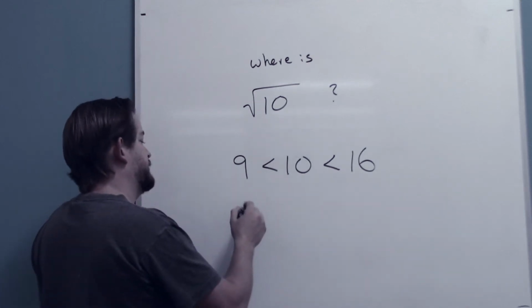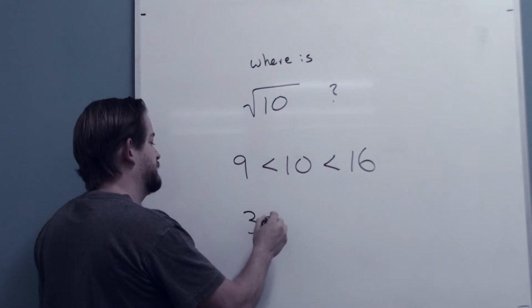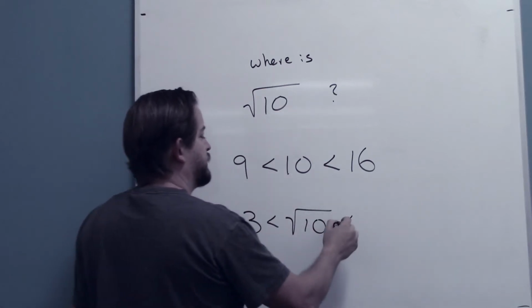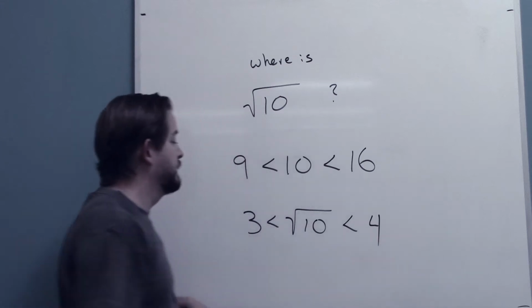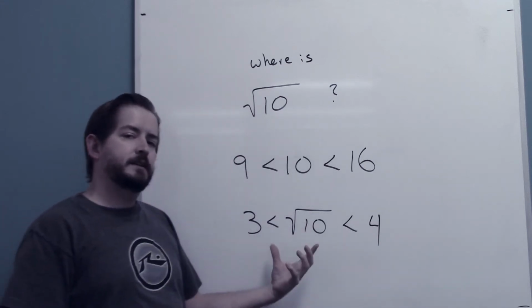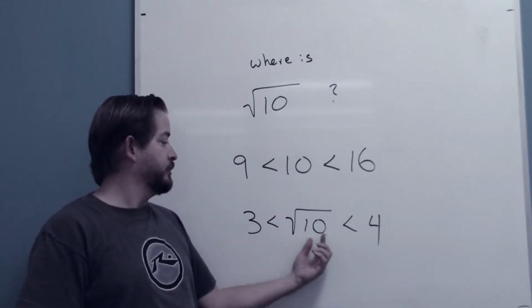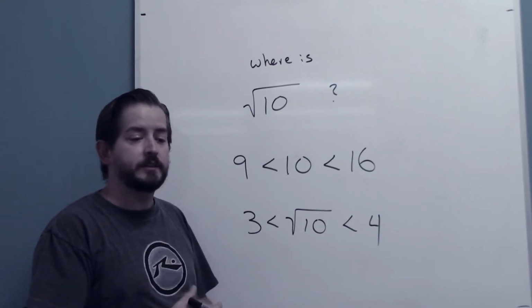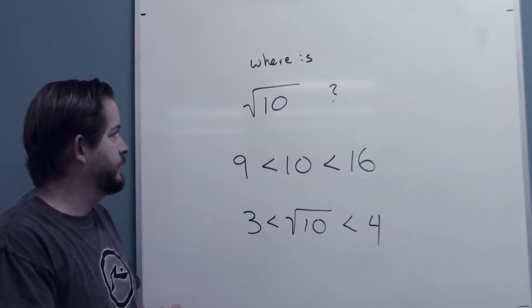The square root of 9 is 3, the square root of 10 is the square root of 10, and the square root of 16 is 4. So I don't have a great grasp of precision here, but I do know that the square root of 10 is between 3 and 4, and that helps me at least with a ballpark figure.